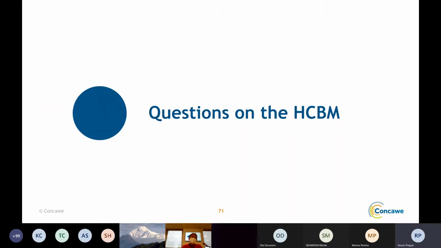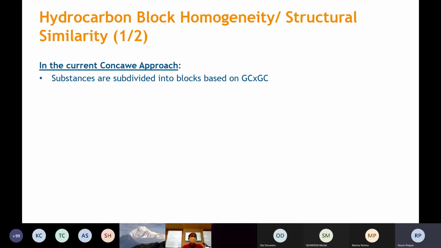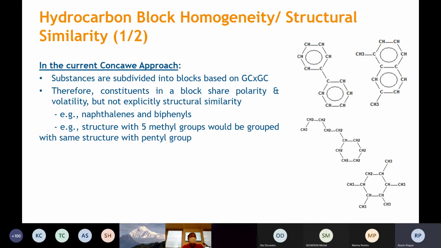So now to go to some of the questions that we'd like to raise in the hydrocarbon block method. So we had talked earlier about structural similarity and how this can define block, well, for us, we would like to see how this could be defined for block homogeneity. As mentioned earlier, in our current approach, the substances are divided into blocks based on GC-GC.